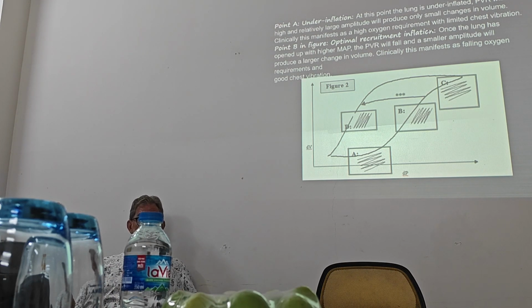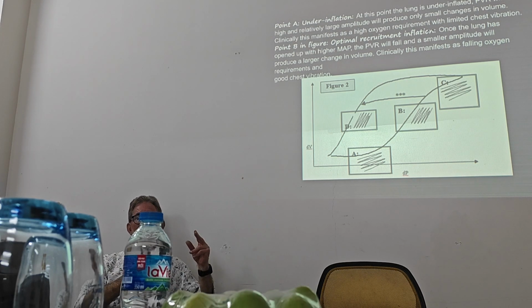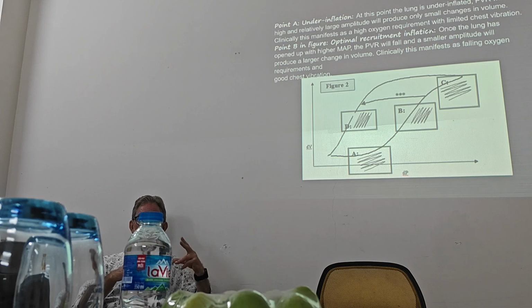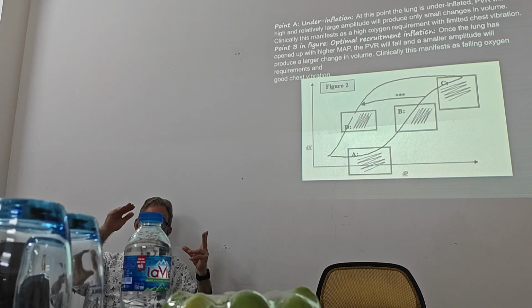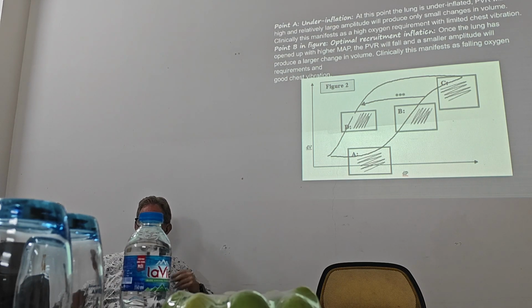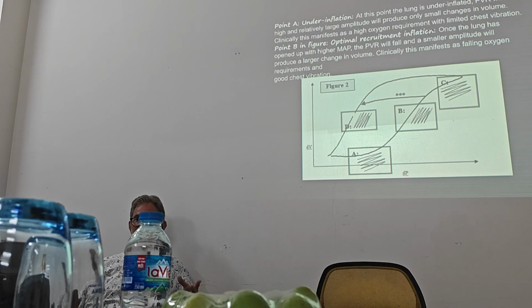Now that sounds really terrible and scary, but in doing that, what we've done is we've taken a baby who was maybe on 80–90% oxygen and not saturating well, and you've got them back down to about 40% oxygen, but you can't leave them on a mean airway pressure of 24.